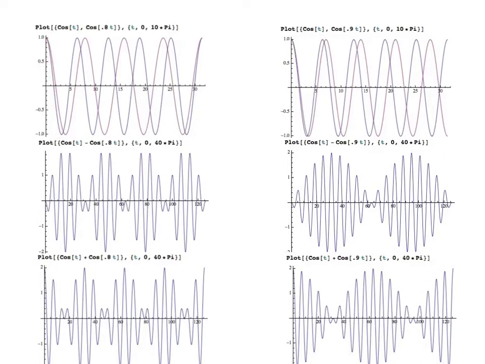And down below I have a graph of cosine of t minus cosine 0.8t, and this graph is cosine of t plus 0.8t. The one thing that's not great in how I'm giving this presentation, this time axis only goes to 30, this time axis goes to 120, or goes to 40 pi versus 10 pi.